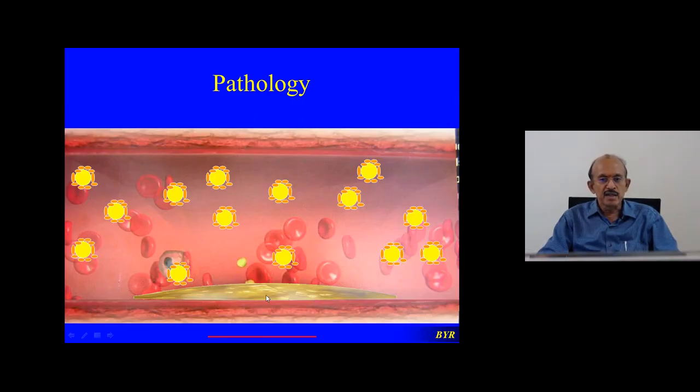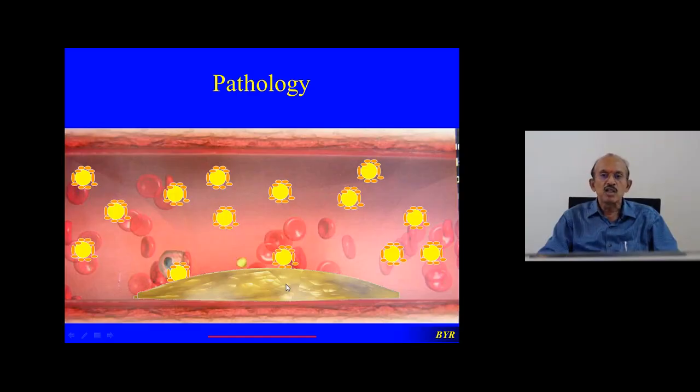They aggregate together and form a waxy coat over the intima. Later, it spreads to the media also. The elastic media and the muscle will be replaced by this plaque formation.